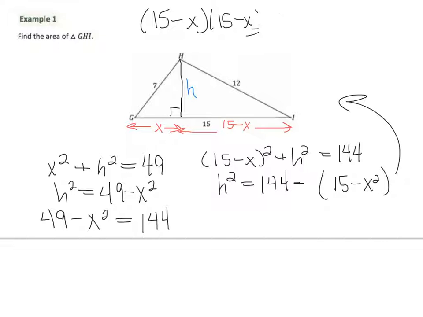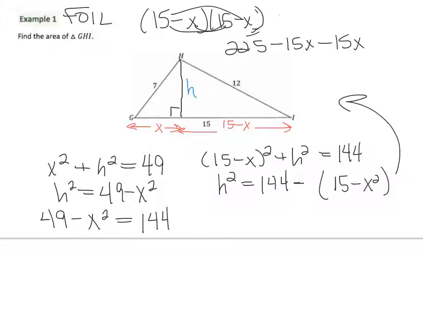Excuse the delay. So I'm foiling first, outer, inner, last. So first is 225, outer is minus 15x, inner is minus 15x, and last is plus x squared.